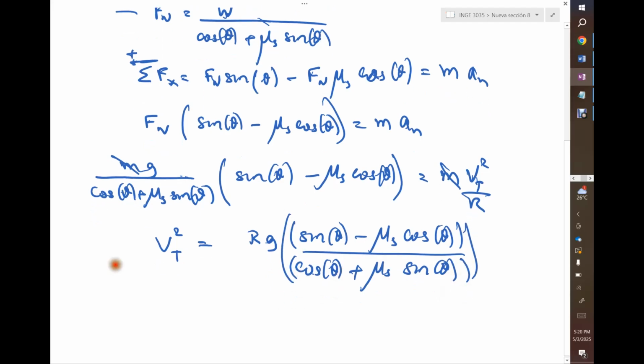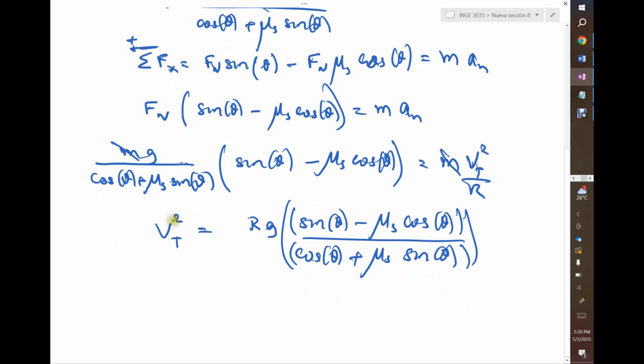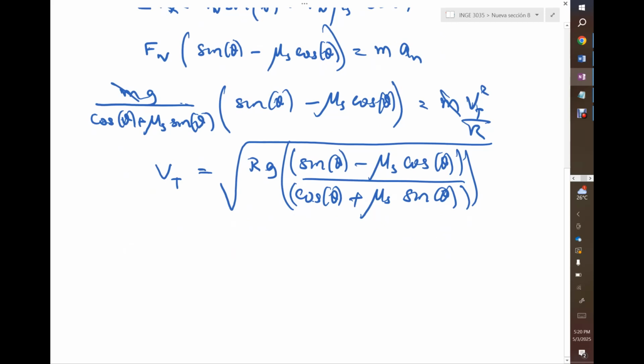Since it's the square root, I'm going to take that, so we end up like this, and that will do. Again, interesting result.